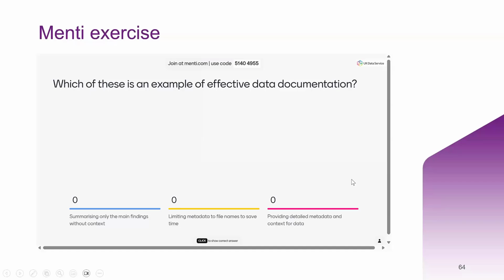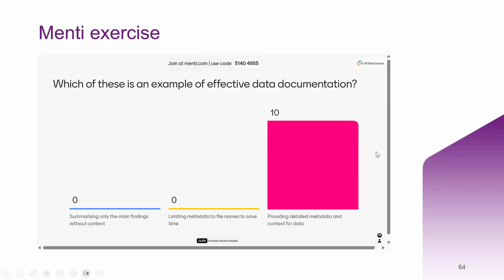Now, another Menti exercise when it comes to the documentation, because when it comes to data sharing, one thing that usually can go a bit sideways is the data documentation. The data is prepared fantastically, but there's no data documentation. Which of these is an example of effective data documentation? Summarizing only the main findings without context, limiting metadata to file names to save time, or providing detailed metadata and context for data.